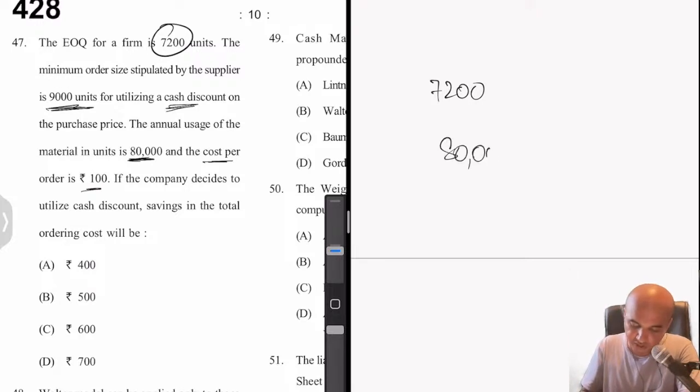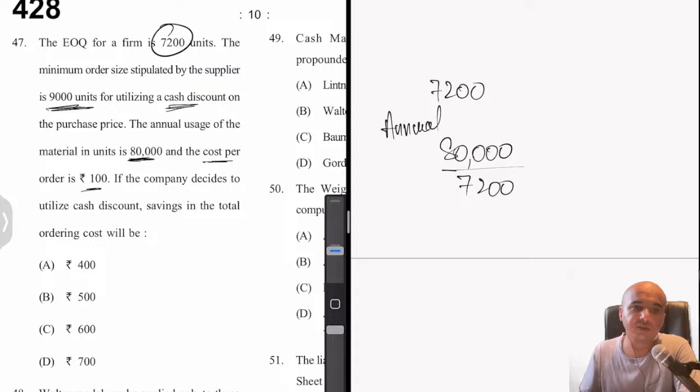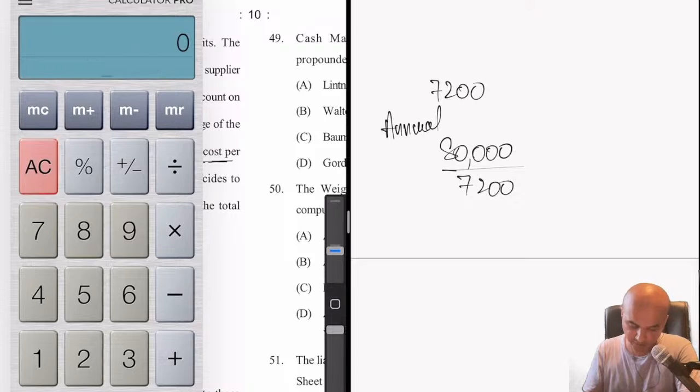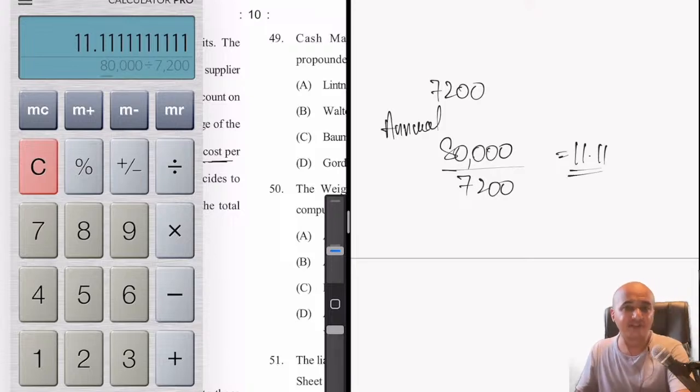The annual requirement is known, and EOQ is known, so let me divide one by the other. If I do this math, 80,000 divided by 7,200, I will get 11.11 orders.